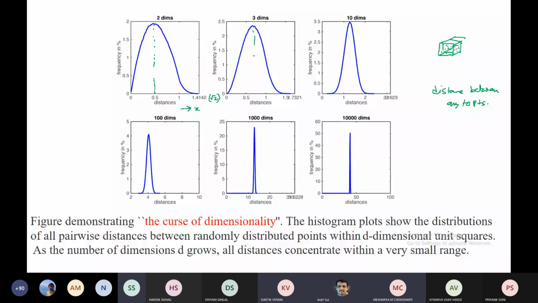You can see it more clearly in 10 dimensions, where the average distance is about 1.5. So the average distance between any 2 points increases with increasing dimensionality.